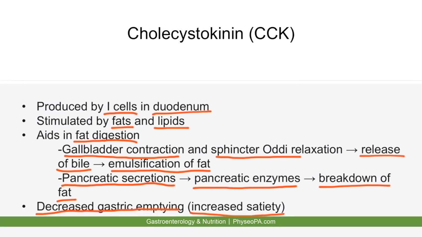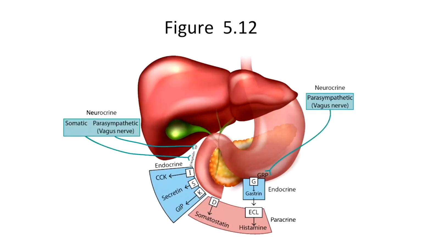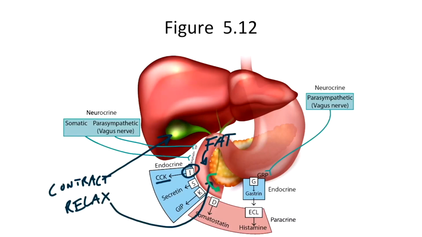So here again is figure 5.12 from your text. And when fat enters the duodenum, the I cells will be stimulated to release CCK. CCK will then go to stimulate the gallbladder to contract, and then it will also cause relaxation of the sphincter of Oddi. And this will allow bile to enter the duodenum.